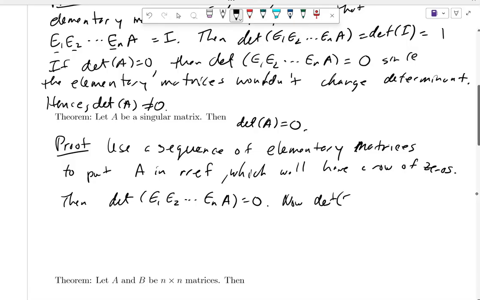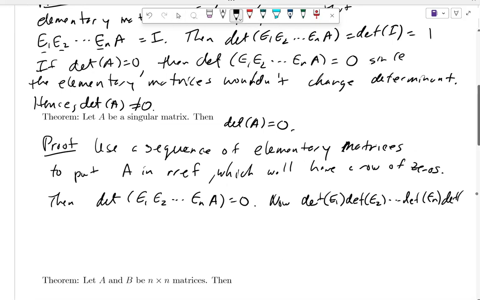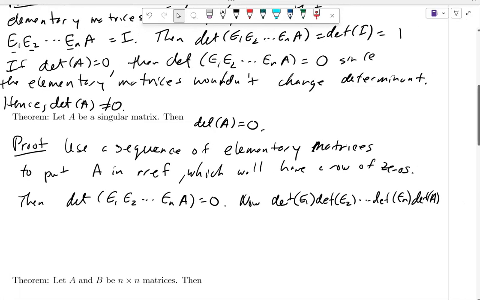Essentially what we can do is break this up over the product. It's a bunch of steps to do that, right? Say E1 is a constant times a row, then it's a constant times the determinant, but the determinant of that E1 will just be the constant, so I'm just replacing it each time. So the determinant behaves nicely with respect to that product. Now I've got a product of a bunch of things that equals 0.